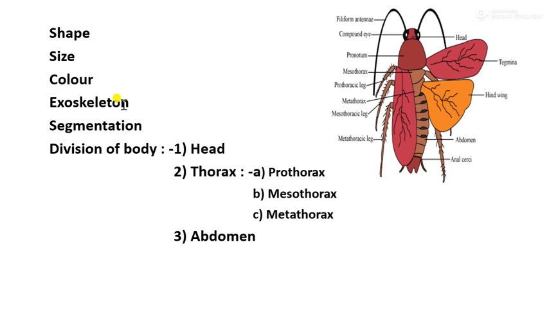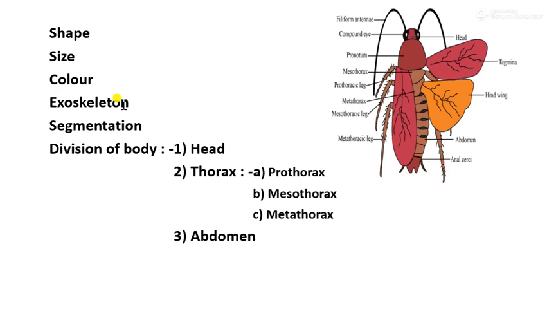The exoskeleton of each segment has four separate sclerites, which are joined together by delicate and elastic articular membrane. The sclerites of the dorsal side are called tergites, the ventral are called sternites, and those of the lateral sides are called pleurites.